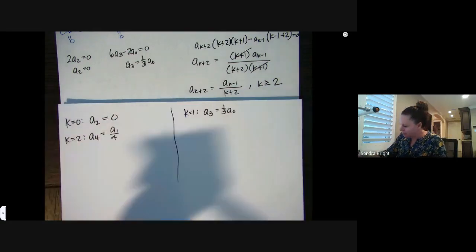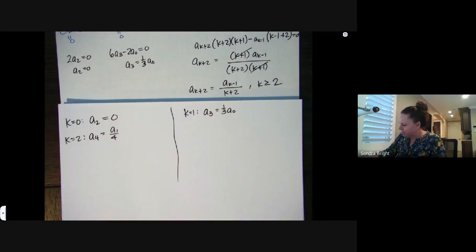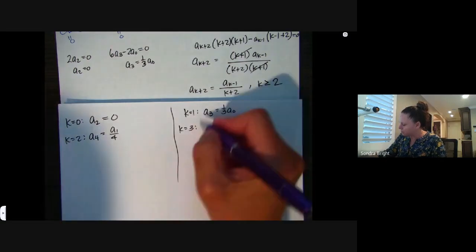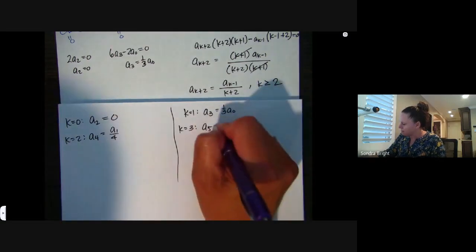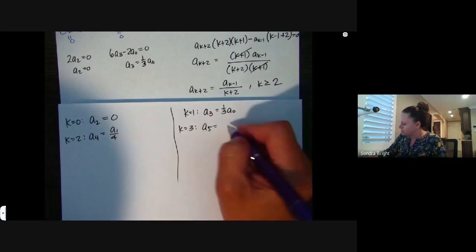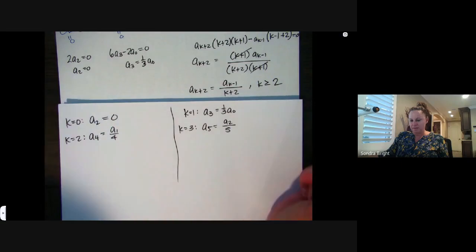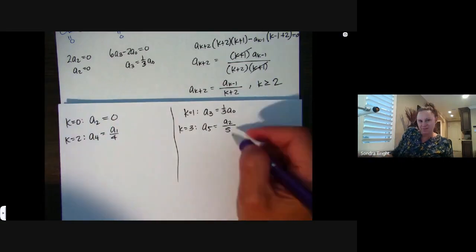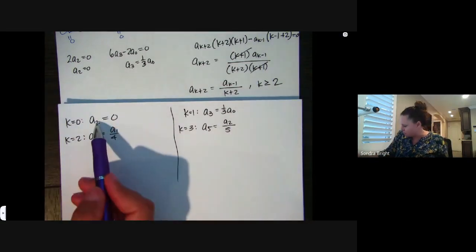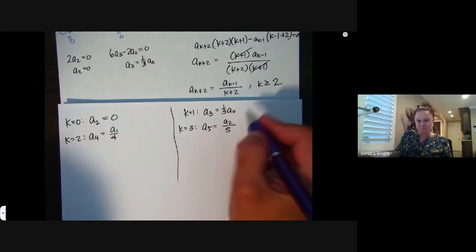And when k is 3, you'll get a5 is equal to a2 over 5. But a2 was 0, so that's a 0.